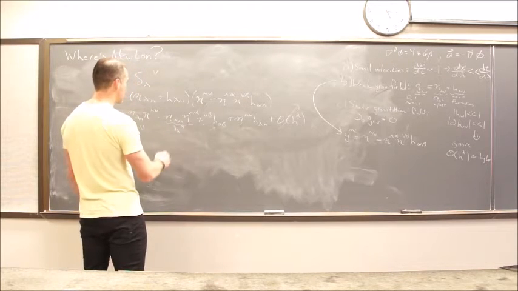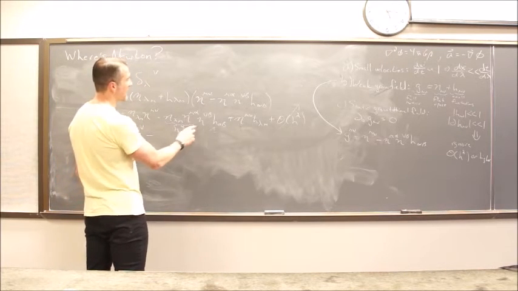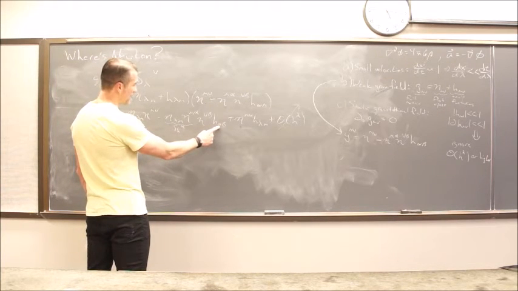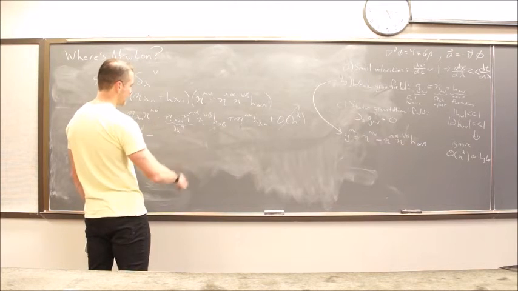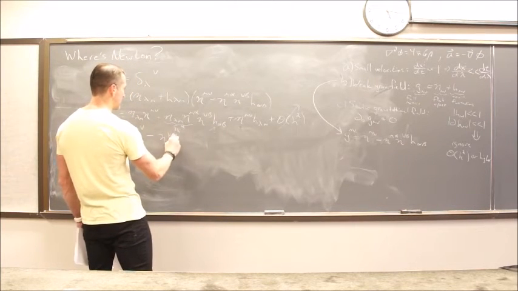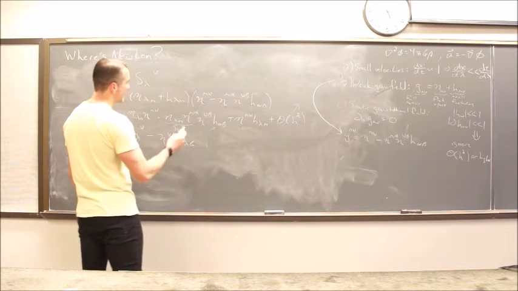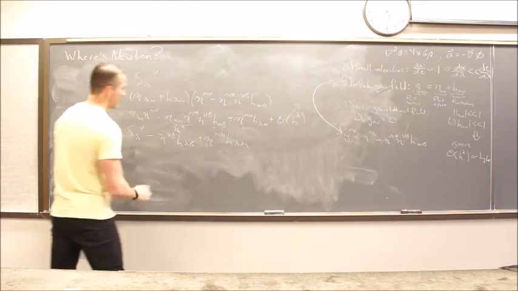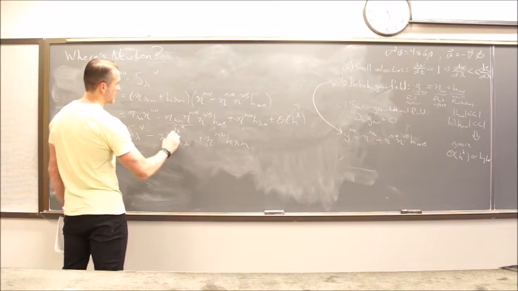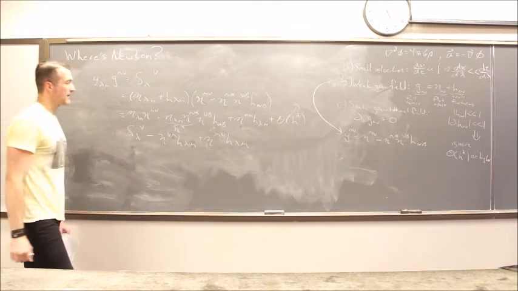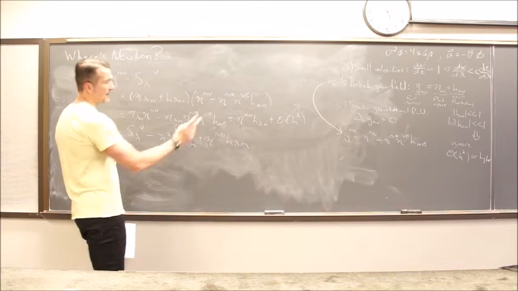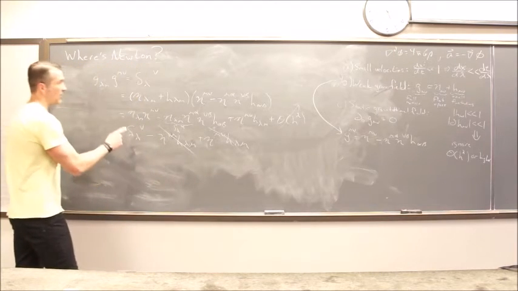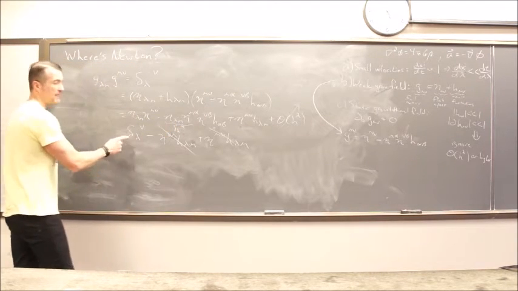Wait, I can use this. Hold on, let me just do it. I'm going to use this to change the index alpha to a lambda. So now I'm going to have eta nu beta h lambda beta, and then plus eta mu nu h lambda mu. These are just dummy indices, they're summed anyway. This one is symmetric, so I can flip it around, and then those two terms cancel. So these two terms cancel, and lo and behold, using this form, I get back what I expect.